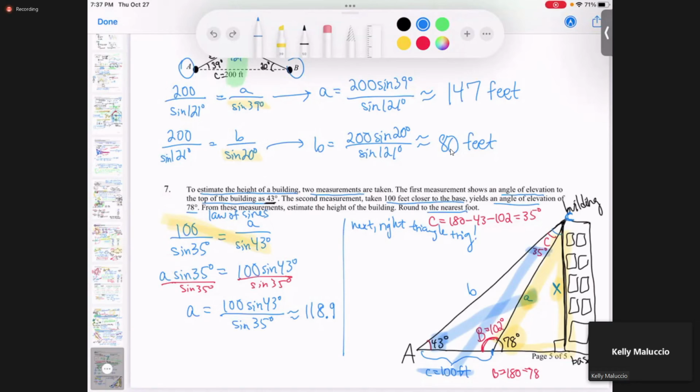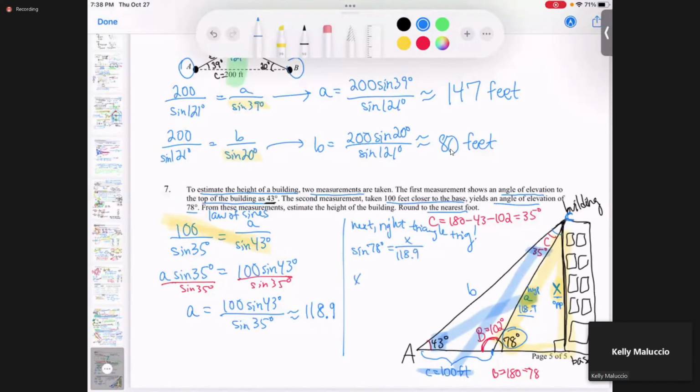But now to do this, I have my a is 118.9, this angle 78, and this is opposite, and this is the hypotenuse of my right triangle, right? So I'm going to do sine. So sine of 78 degrees should equal x over 118.9, right?